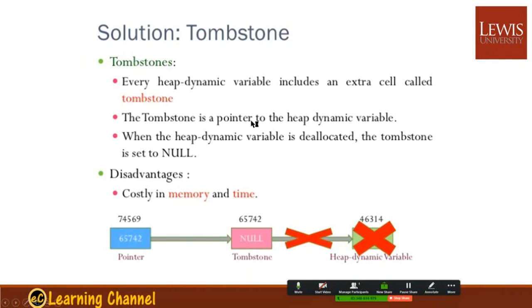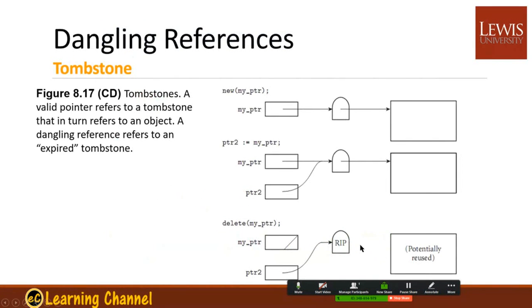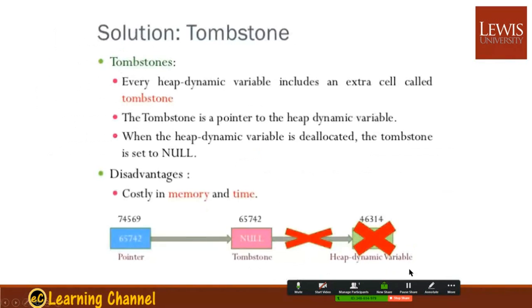The tombstone is a pointer to the heap dynamic variable. When the heap dynamic variable is deallocated, the tombstone is set to null. So in that case this edge is set to null, and you are no longer pointing to any object. The disadvantage is the memory and time, because you need to add the tombstone cells.